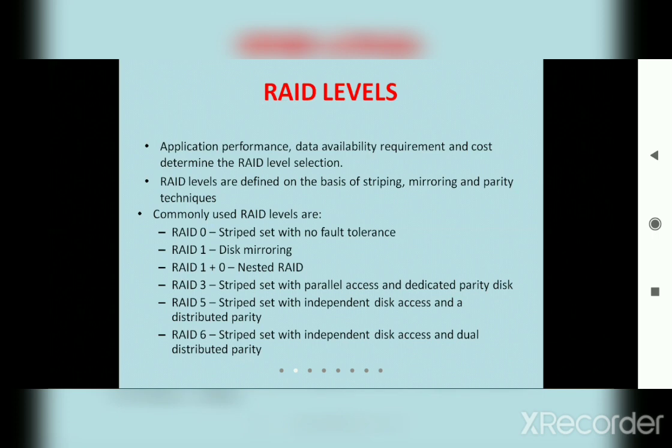Availability is good in mirroring, but availability in striping is less. As people need data very fast, the RAID levels are more combined with striping and parity. So we'll look into these levels.